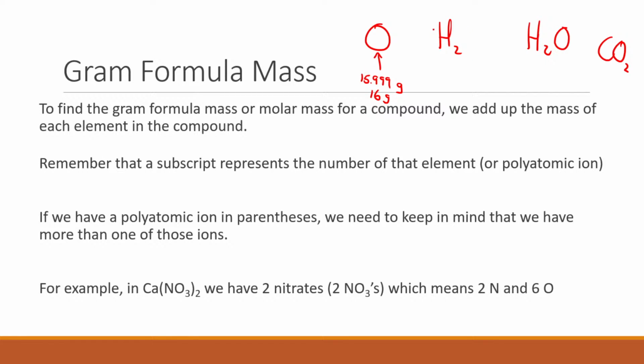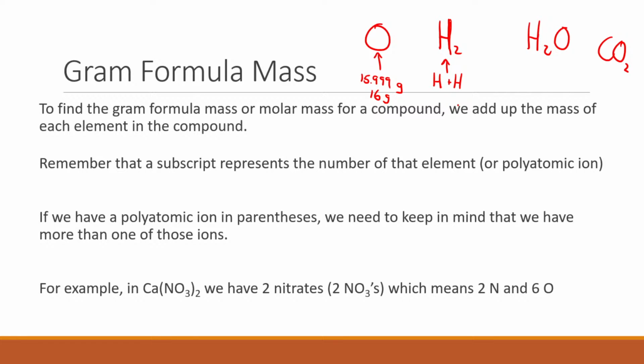But here, H2, now if I want to know what a mole of H2 weighs, I can't just use 1 atom of H. I have to use 2 atoms of H. So here it would be hydrogen plus another hydrogen.